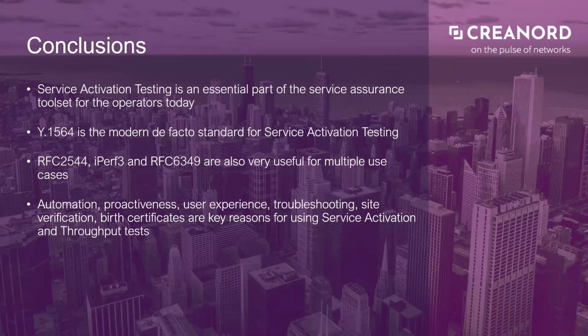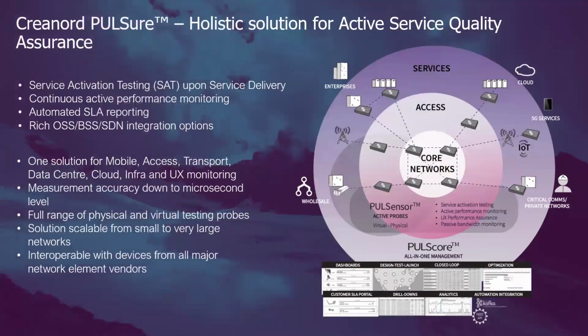Automation, proactiveness, user experience, troubleshooting, site verification, and birth certificates are some of the key reasons why you really want to use service activation tests and these throughput test methodologies. And of course, the Pulse Score system supports all of these different tests.